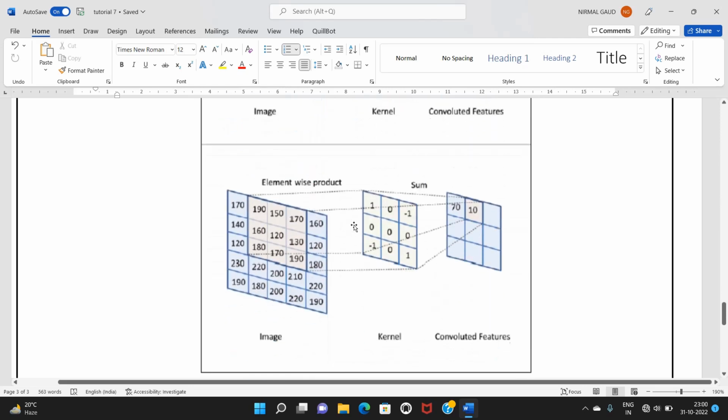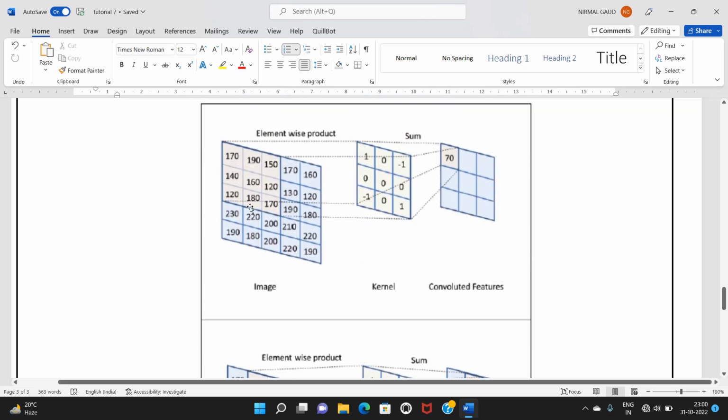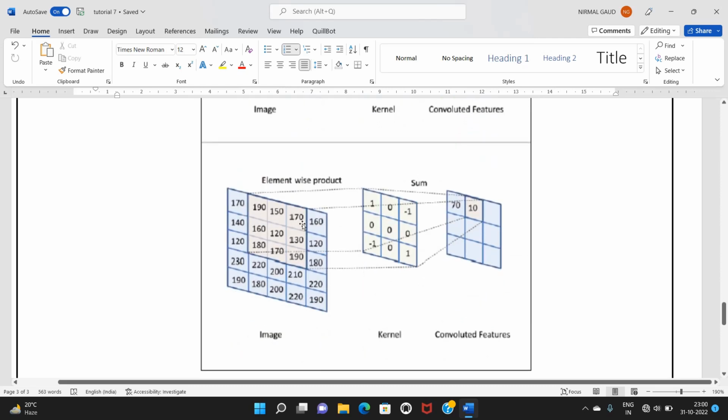In both of the diagrams, it is shown that once you are working with this particular set of matrices with the kernel, this is the result you have got. Then if you work with this other set of matrices and apply it, this is the result you have got. So this is how I can collect various features.